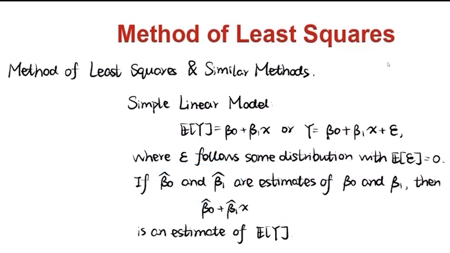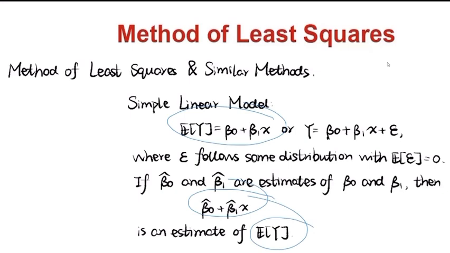Now, you remember the other time we said that the expected value of y equals that, in a situation where beta naught cap is an estimate of beta naught and beta one cap is an estimate of beta one, then I can also say this is going to be an estimate of the expected value of y.